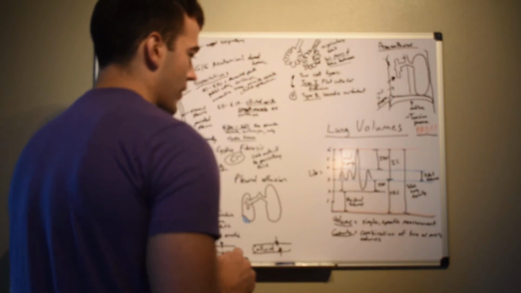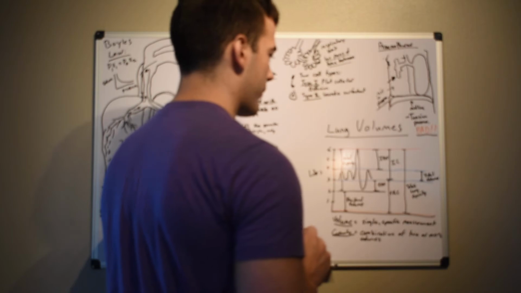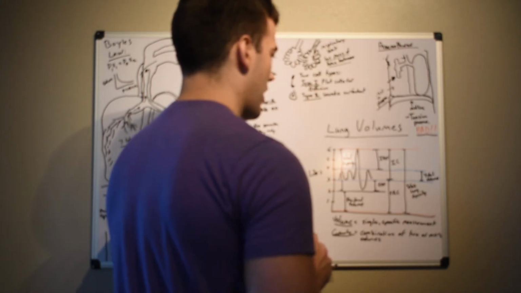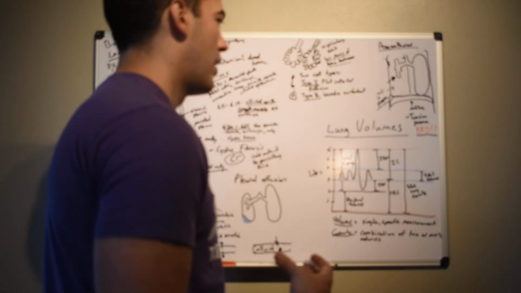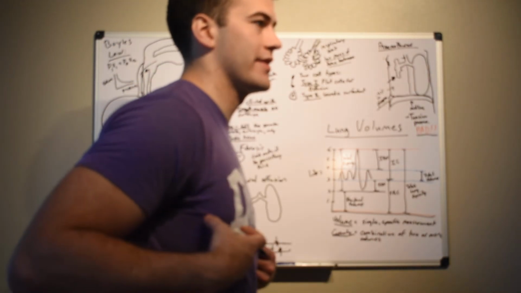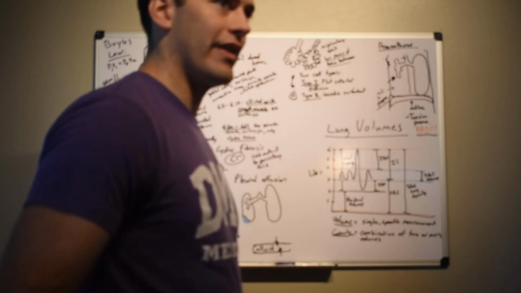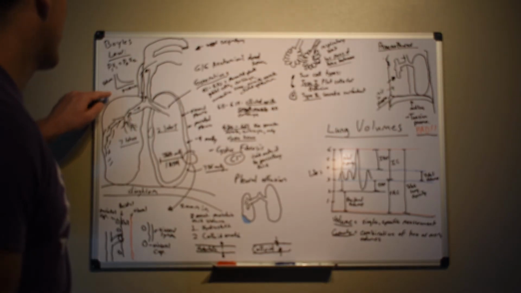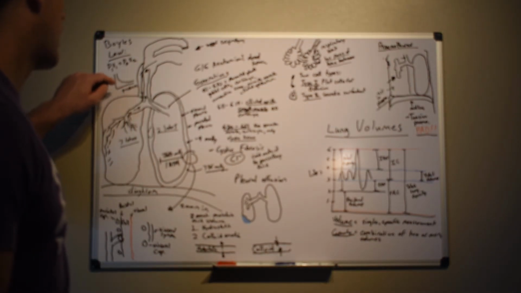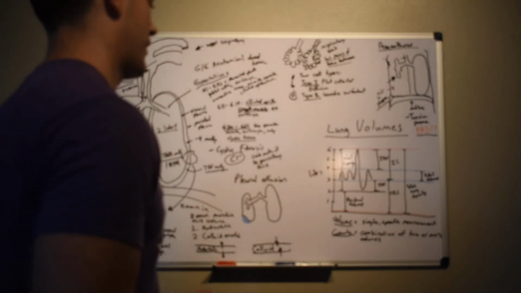Now we come to the harder ones, which get a little bit more tricky to remember. We have the ability to change our thoracic wall with our intercostal muscles and our diaphragm and increase our volume of it. And according to Boyle's law, if we decrease the volume, we're going to increase pressure if we're dealing with a closed container.